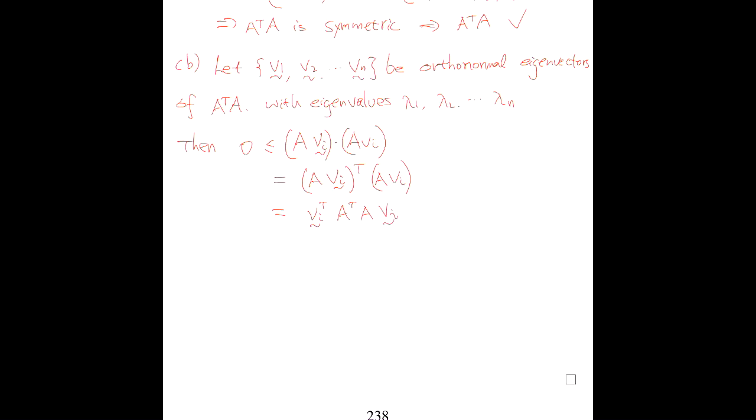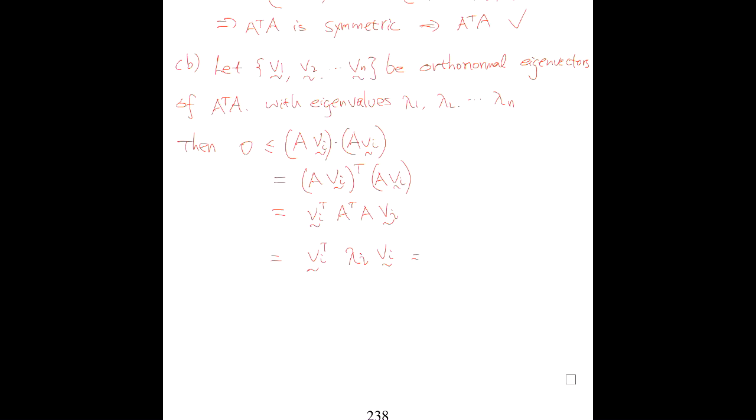And vi is the eigenvector of A transpose A with eigenvalue lambda i, so this is equal to that, and of course we have vi transpose in front.